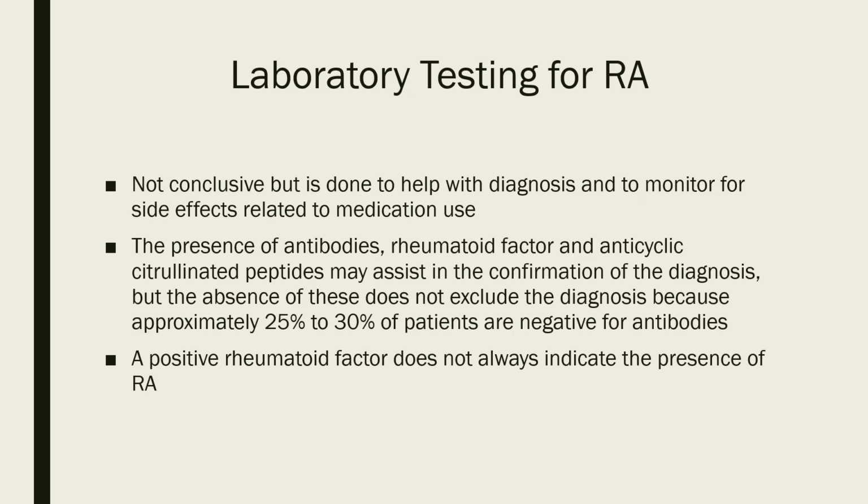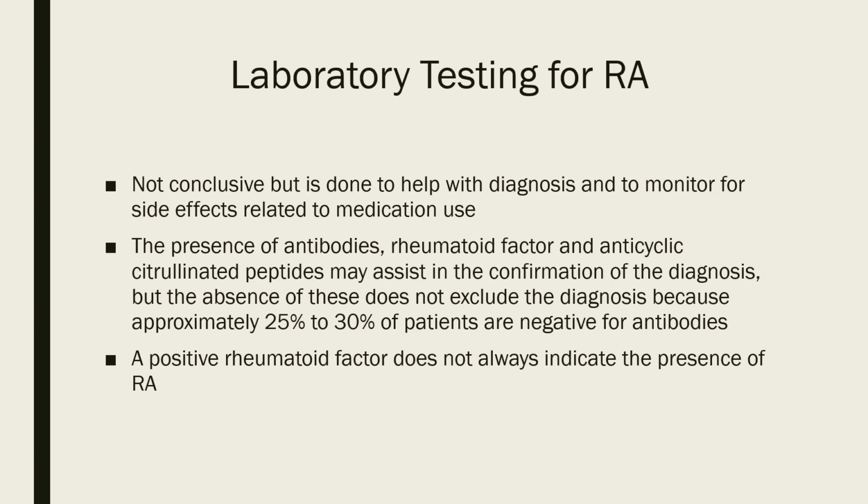So, laboratory testing for rheumatoid arthritis is not conclusive, but it will be done to help with diagnosis and to monitor for side effects when we start medications. So, the presence of antibodies, rheumatoid factor, and anticyclic citrullinated peptides may assist in the confirmation of the diagnosis.